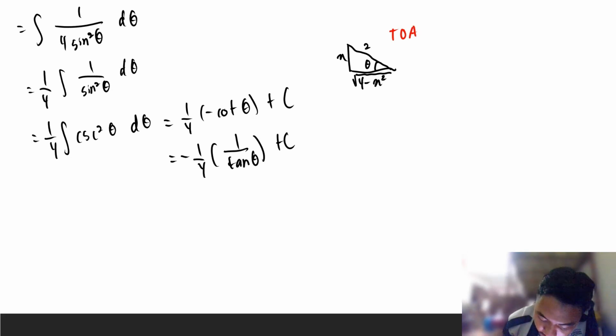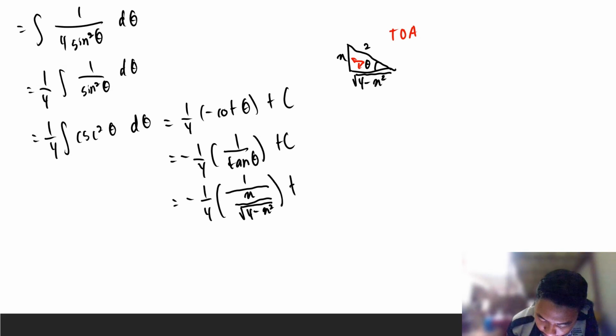So from this triangle it will be x over square root of 4 minus x squared. So the term will be negative 1 over 4 times 1 over x over square root of 4 minus x squared, plus c.